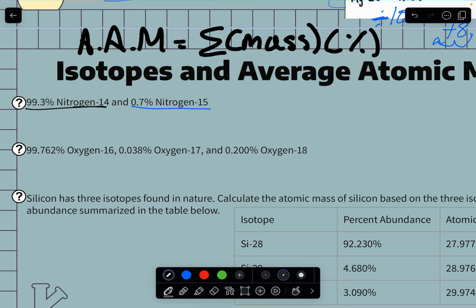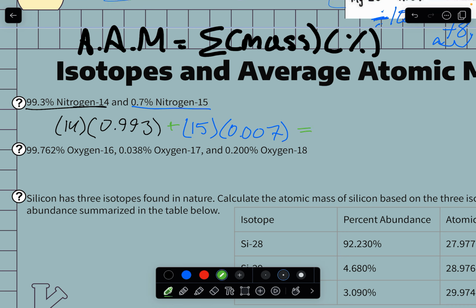For nitrogen 14, our mass is 14. Our percentage, changed to a decimal, is 0.993. Then we're going to add our second isotope: a mass of 15 for nitrogen 15 times the percentage, if we divide by 100, 0.007.